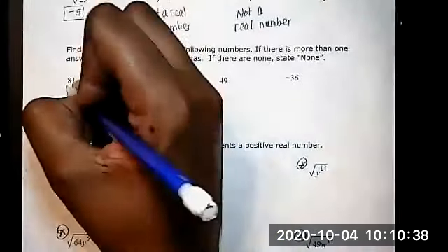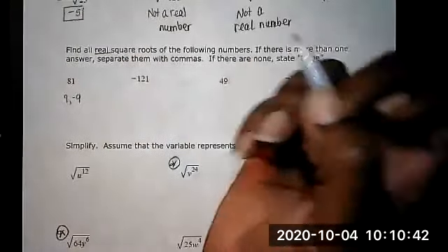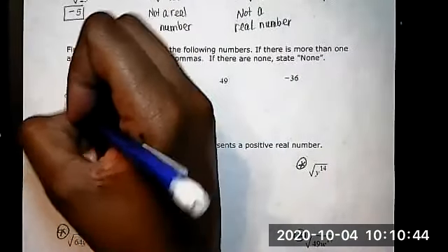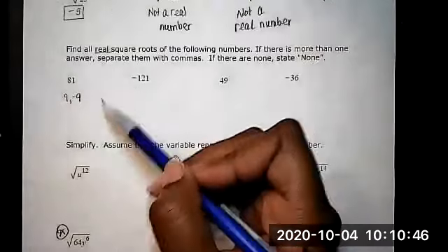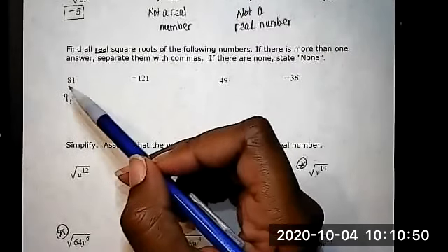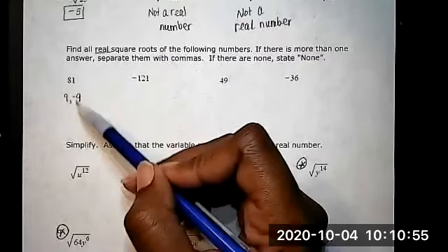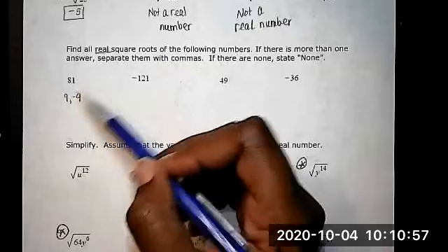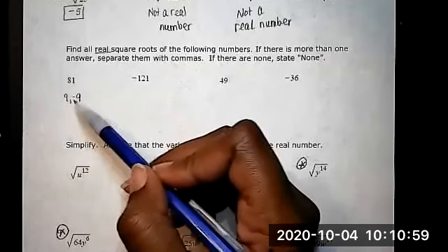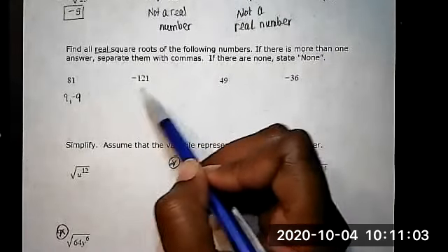So in this case, your answer would be 9 and -9. Why is that true? Because 9 times 9 is 81, and -9 times -9 is +81. So both of these are actual answers or solutions to this particular situation, because both of these, when you square them, you get 81. So they are real solutions to 81. But you cannot get that -21.